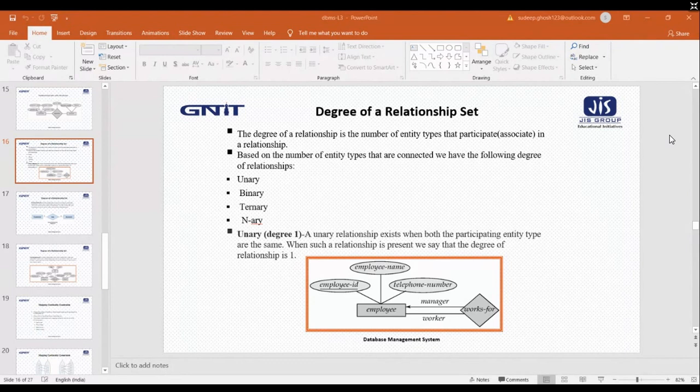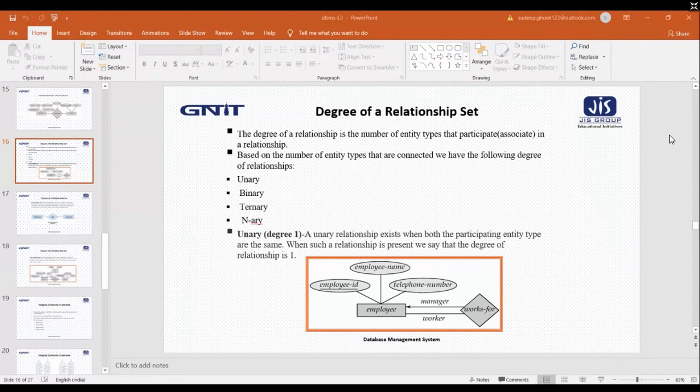Smith is associated with A215. Hayes is only A102. Here, Jones is associated with A217 and Lindsay is associated with A222. So you can say it is one to many. One is associated with many. Many to one you cannot say here.